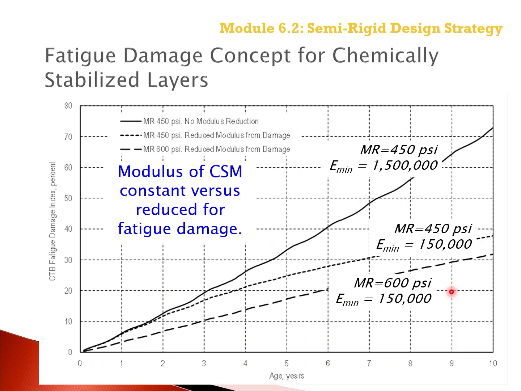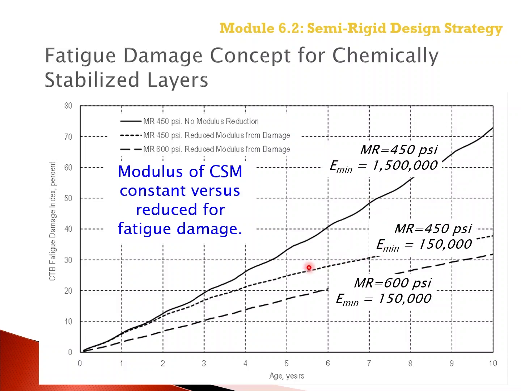This solid line shows no reduction, as an example of bottom-up fatigue damage in the chemically stabilized layer as a function of age or time. And this is for a modulus of rupture or flexural strength of 450 psi with an E minimum of 1,500,000 psi. Again, this would be equal to the 28-day elastic modulus.